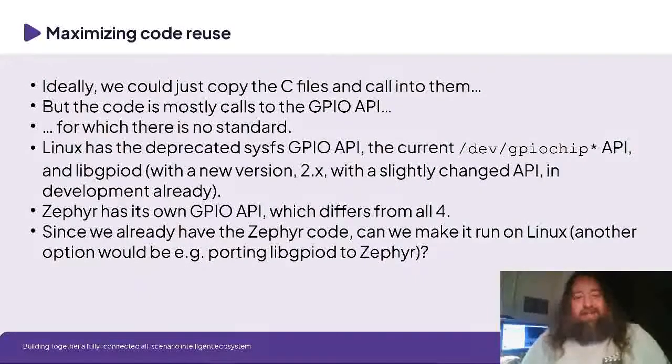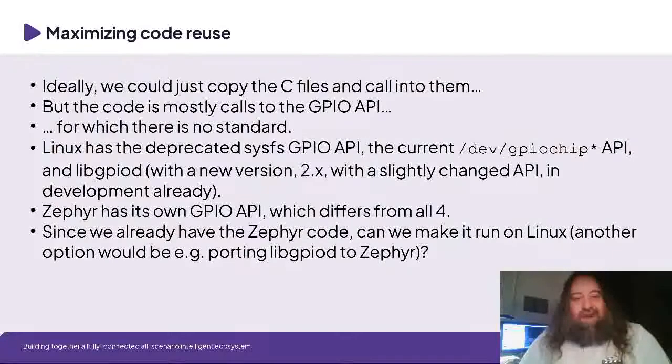There's the deprecated sysfs GPIO API, the current dev GPIO chip API, and then there's libgpiod, and then if you look at the Git repository for libgpiod, there's a new version 2, which has another slightly changed API. And on the other hand, Zephyr has its own GPIO API, which obviously differs from all 4 of those.